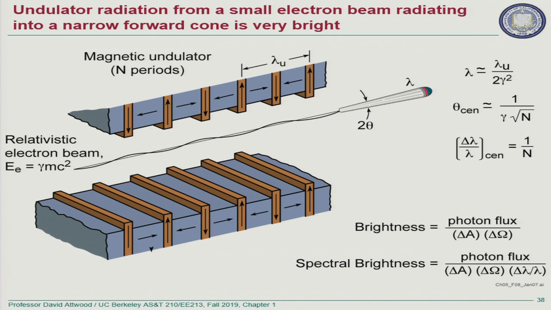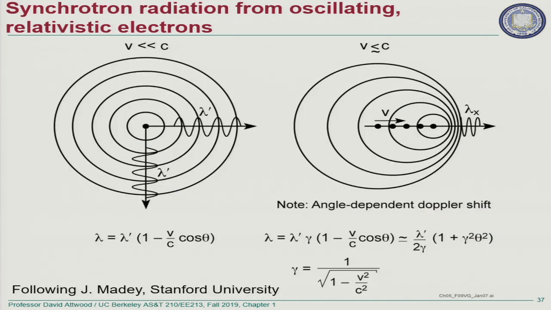And this is showing what's happening. The other thing is that it's an angular dependence, though. Like you see on the right or the left, only the forward scatter or the forward propagating part has this very, very small wavelength. And as you go to other angles, the wavelength will get much longer. So that means that only this narrow part of the cone will actually have the high energy light that you're really trying to get from a synchrotron.